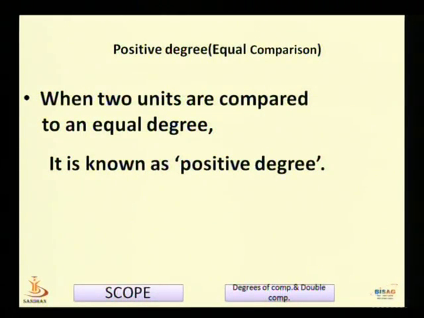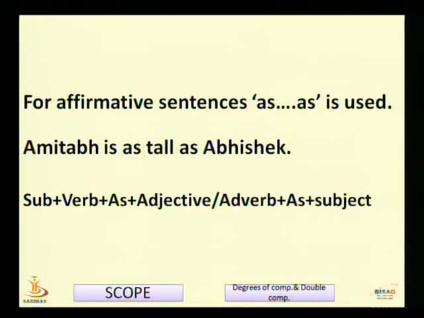Now in positive degree, two units are compared to an equal degree, so both are equal, so it is known as positive degree. For affirmative sentences in positive degree, as is used.